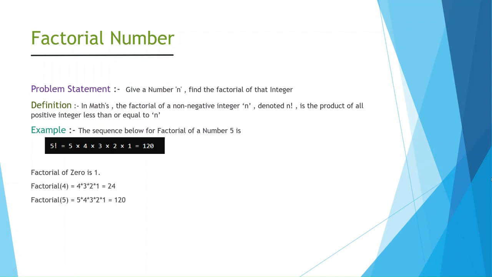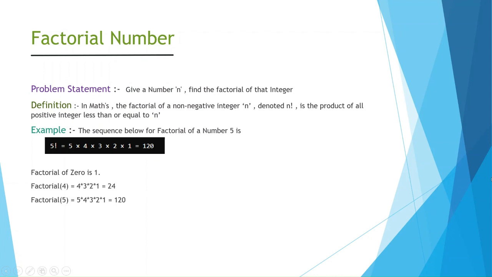Here you can see the problem statement. We are given a number n, and we have to find the factorial of that number. How to calculate the factorial of numbers is represented in this example below. Calculating the factorial of 5 means calculating the product of all the numbers from 5 reducing down to 1.